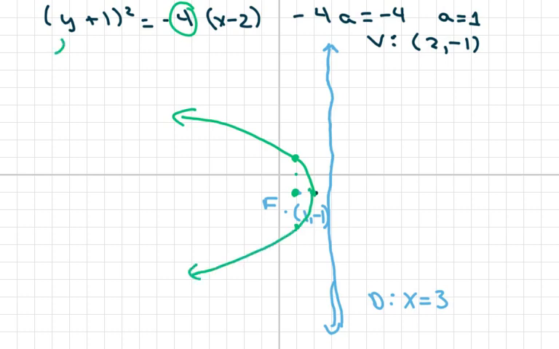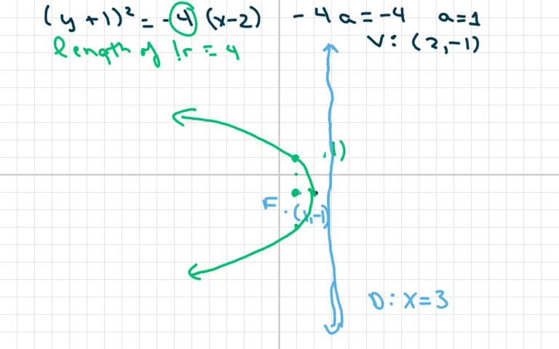So the length of the LR equals 4. The negative just means it goes to the left. And then you can just plug in those points if you want. That would be 4, comma, 1 here. Wait, that's not it. Sorry.